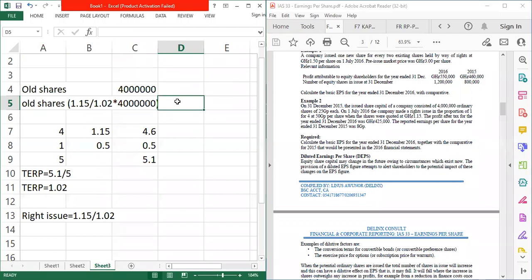Let's round it to 804. The theoretical ex-right price is 1.02, and then the right issue fraction is 1.12.